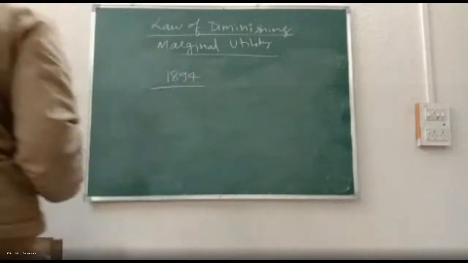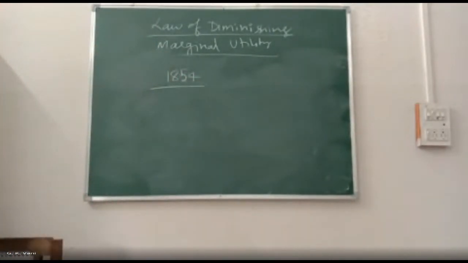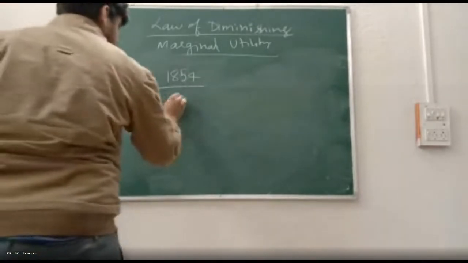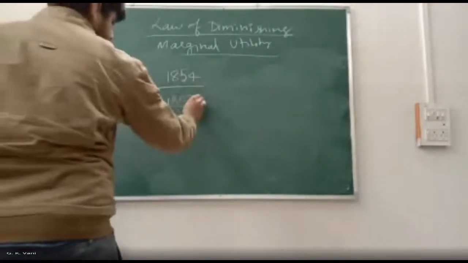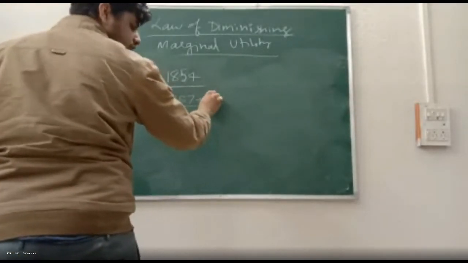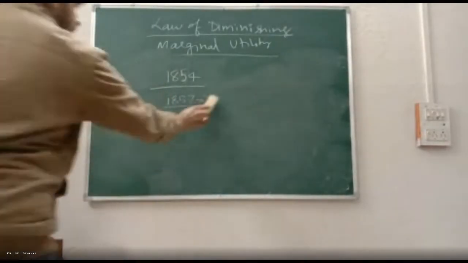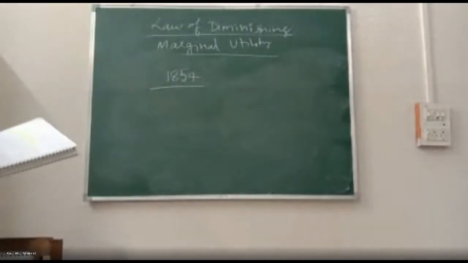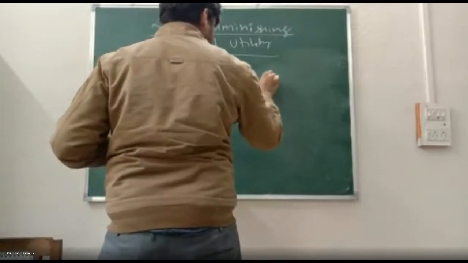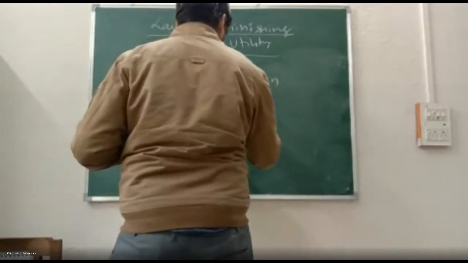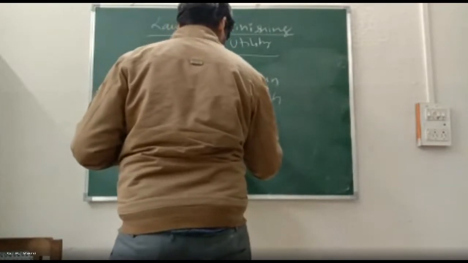Then the law. I already told you, but if you want to know the history: 1854. Just 3 years before 1857, when we had the first organized revolution against the British under Jhansi Rani, there was a German economist called Hermann Ulrich Gossen.